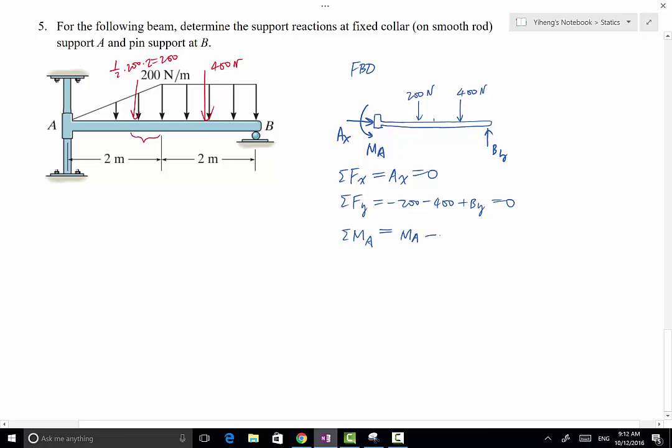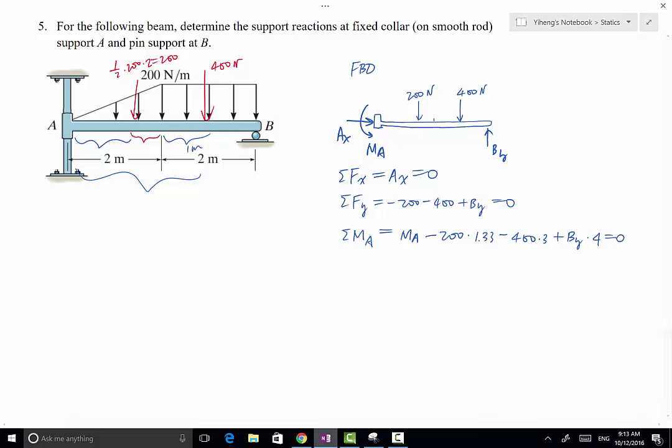And then minus 200 times the moment arm, which is 2/3 of the 2 meter, therefore 1.33 meter, minus 400, the moment arm is this much, that's going to be 2 meter plus 1 meter, so that's 3 meter. And then BY has moment about point A as well, counterclockwise, so plus BY times 4, and that equals 0.